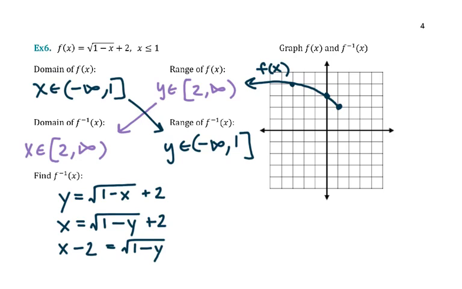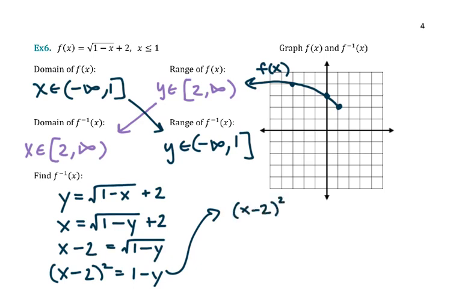I'll square both sides. x minus 2 quantity squared equals 1 minus y. I'll subtract 1 from both sides of the equation. x minus 2 quantity squared minus 1 is negative y.